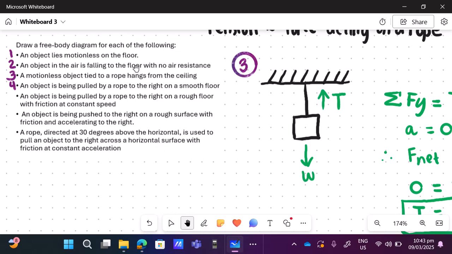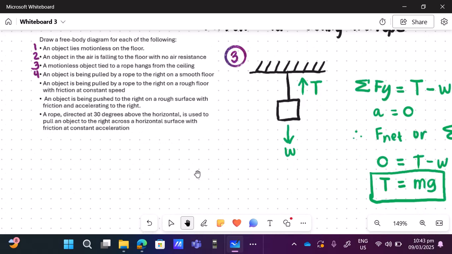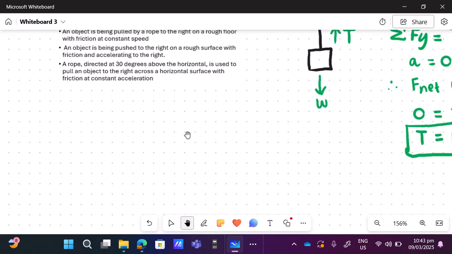Now, suppose the object is, let's just use a block. Okay. So for number 4, let's use a block. So this is number 4.